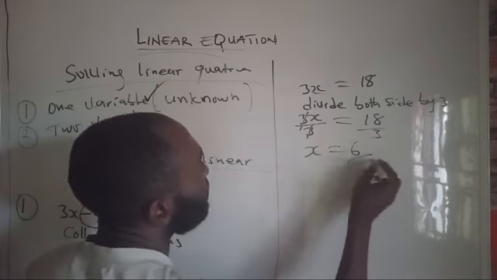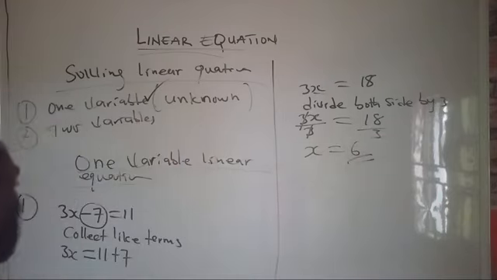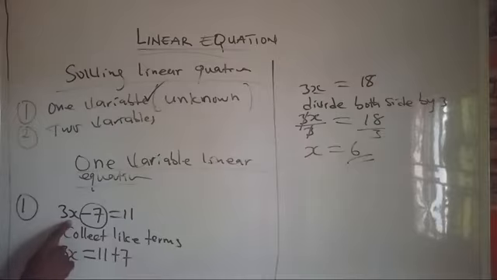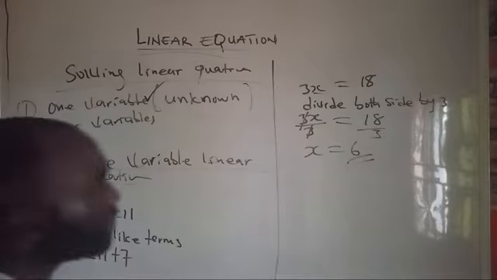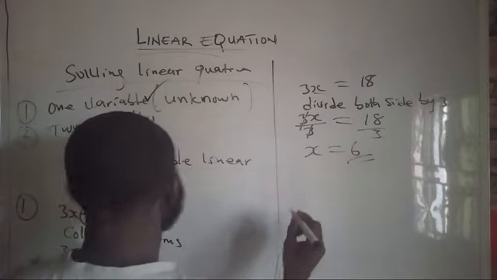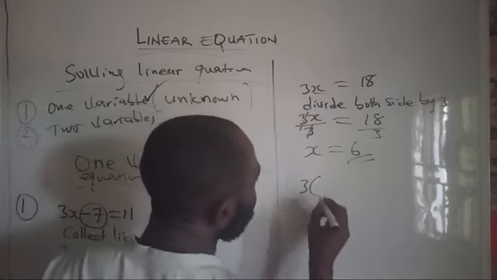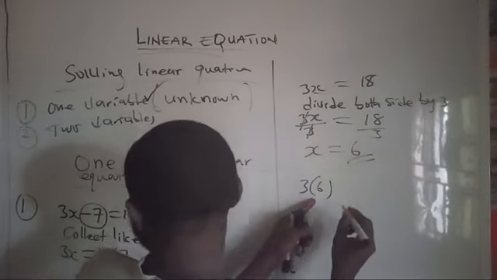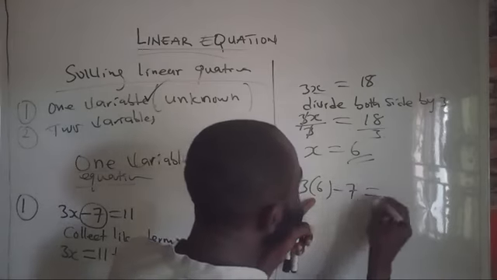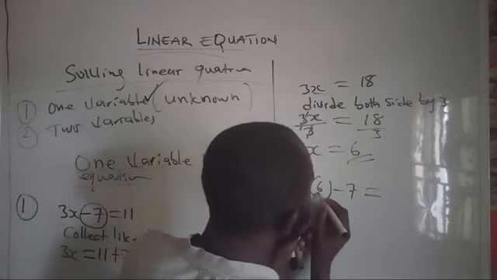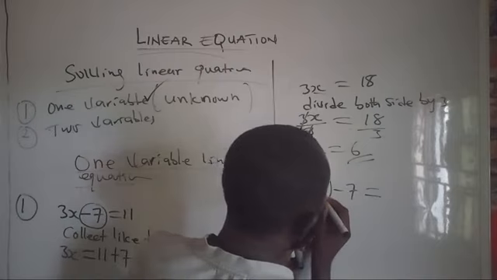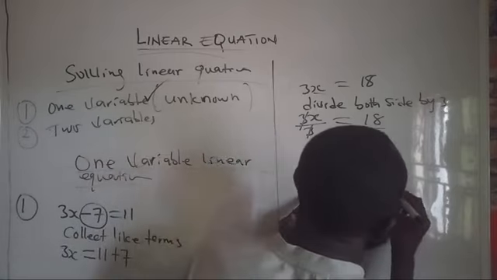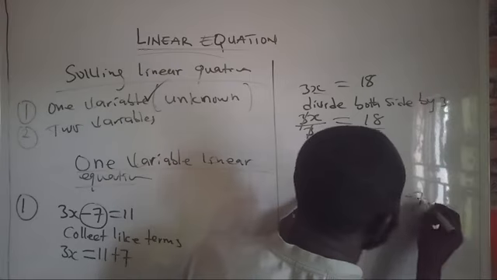So now x in this equation is equal to 6. Let's check. When you have 3 bracket open x minus 7, now you know that x is 6, so where you see x, put 6. 3 times 6 is 18. 18 minus 7 gives us 11.